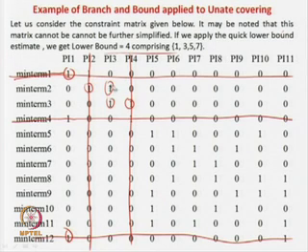So you just see that there is only one 1 in this whole row, and obviously PI3 becomes essential. If PI3 becomes essential, you have to take it, so automatically minterm 2 gets covered by this one and minterm 3 gets covered by this one.